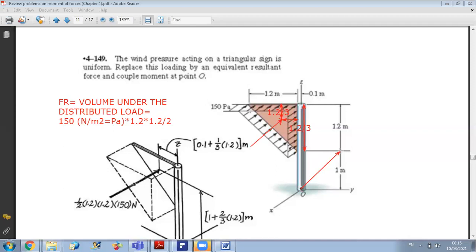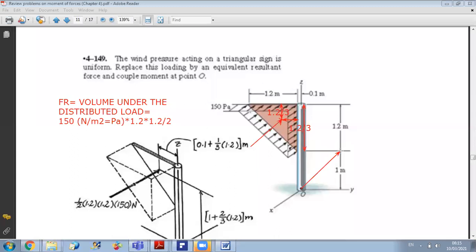But when I move a force to a point, what should I do? I should add the moment of the force about the point. Is this force doing a moment about x? Is the resultant force doing a moment about the x-axis?